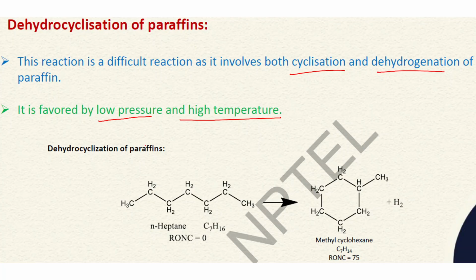So this normal paraffin, n-heptane, is dehydrogenated as well as cyclized. Both procedures take place together. It forms a cyclic structure by removing 1 mole of hydrogen. It forms methyl cyclohexane, which has a higher octane number of 75, whereas n-heptane has a research octane number of 0.